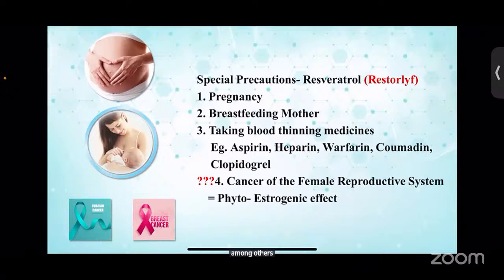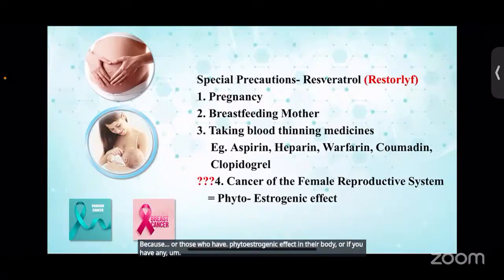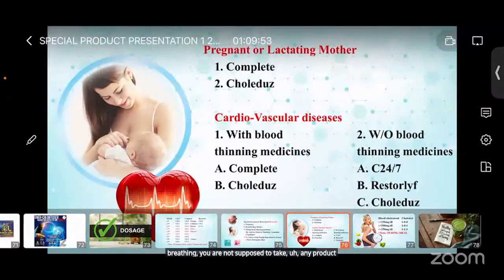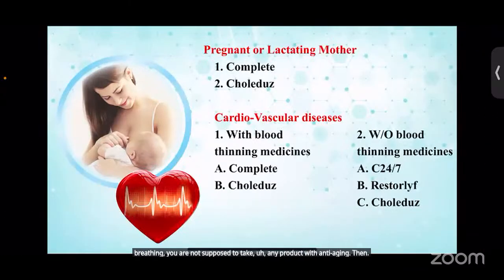And also, people who have cancer of the female reproductive system, or those who have a phytoestrogenic effect in their body, or if you have any bleeding, you are not supposed to take any product with anti-aging.